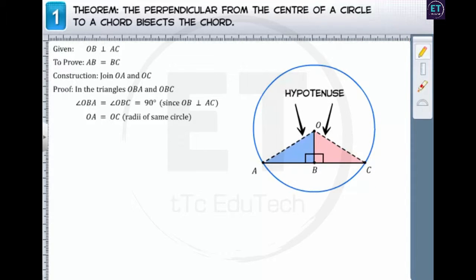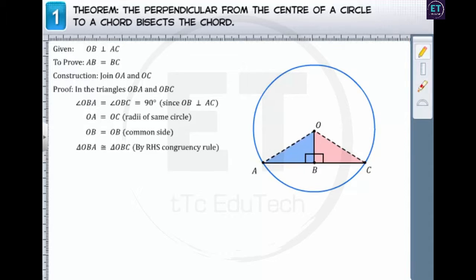Note that OA and OC are also the hypotenuse of the right-angled triangles OBA and OBC. OB is common to both the triangles. So, by the RHS congruence rule, triangles OBA and OBC are congruent.